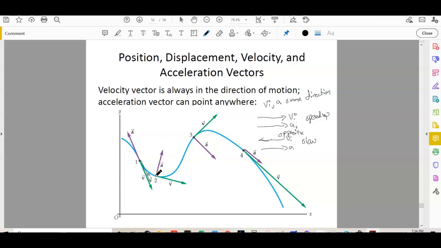And then at this point right here, if it's still speeding up a little bit, it's going to have an acceleration vector pointing in the same direction. But the problem is it's curving, right? And so if you need to turn, your velocity vector is going to be perpendicular to your acceleration vector, right? And then you will turn, right?